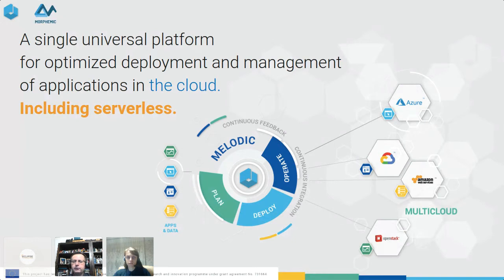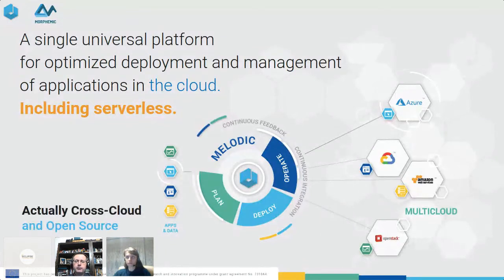So Melodic initially selects the best resources and then continuously monitors the deployed application and adjusts the configuration, adding or removing resources, or even moving the application to a different cloud. And how it is done, I will show during the presentation, and I'll show it live.